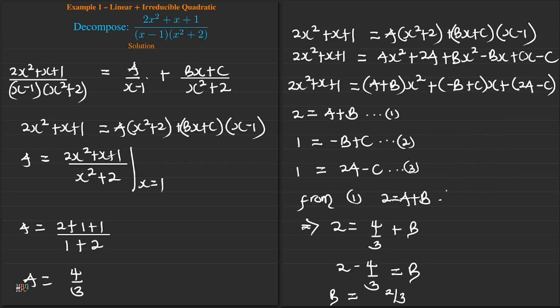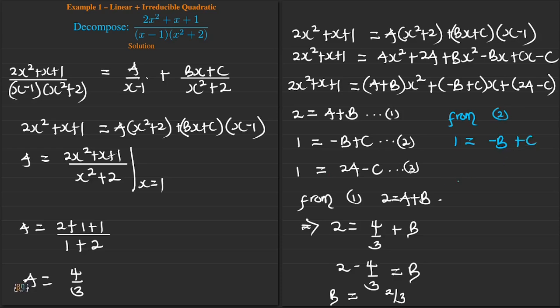Now we have our a, we also have our b. Hence, we need our c. The easiest way to get our c is by using equation 2. And we know equation 2 was 1 is equal to negative b plus c.